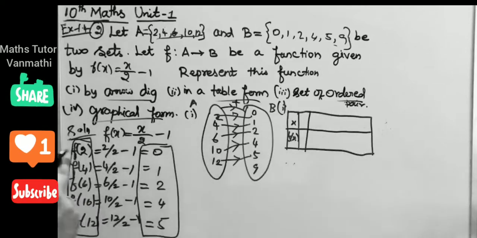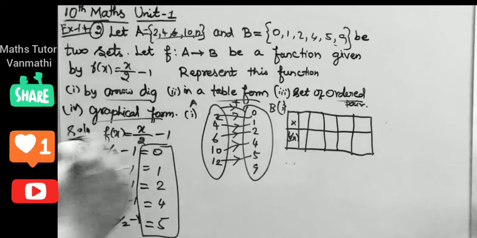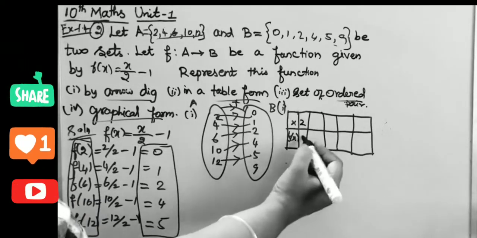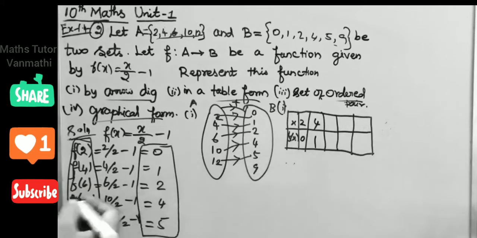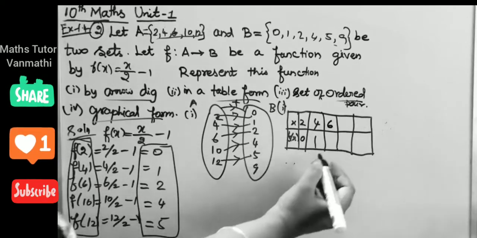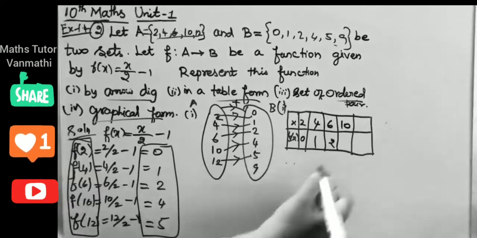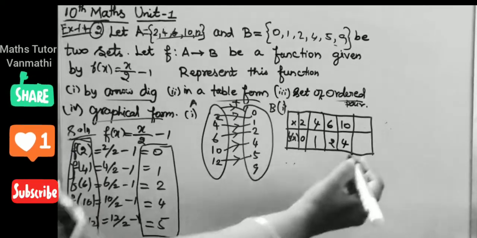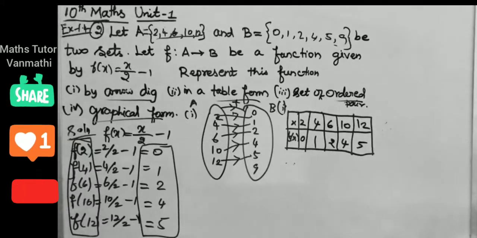How many x values are there? 5 values are there: 1, 2, 3, 4, 5. x is 2, f of x is 0. x is 4, f of x is 1. x is 6, f of x is 2. x is 10, f of x is 4. And again x is 12, f of x is 5. This is the representation of the table.